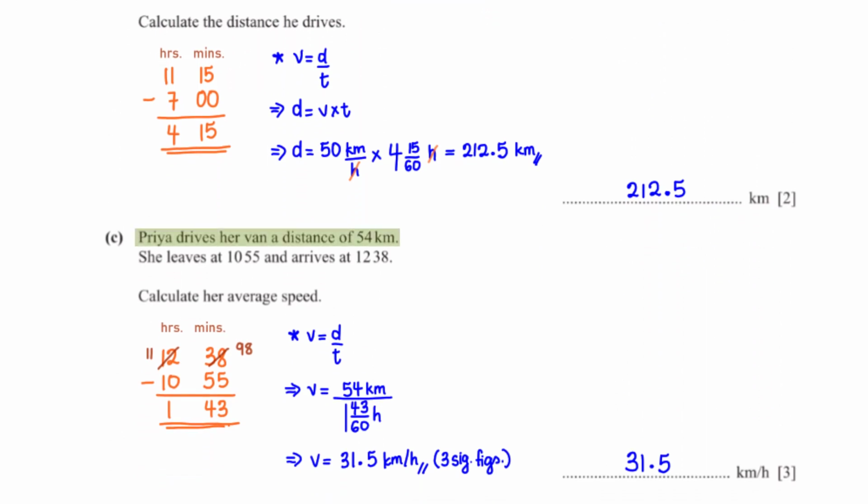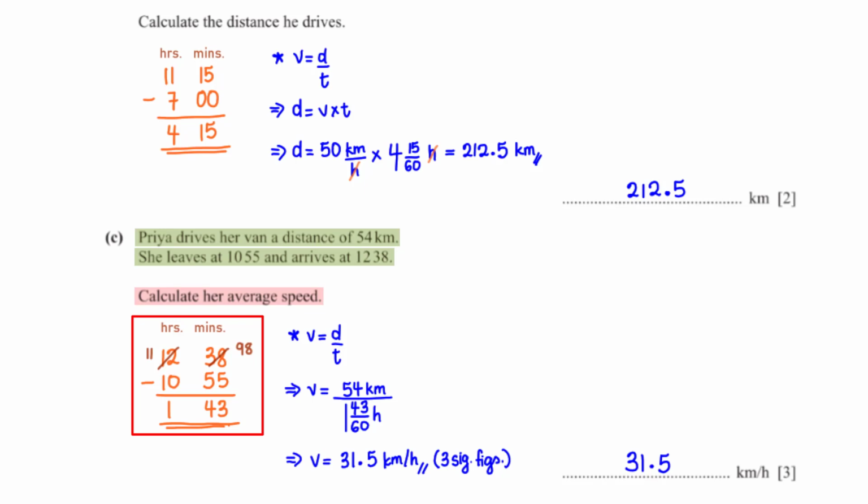Priya drives her van a distance of 54 kilometers. She leaves at 10:55 and arrives at 12:38. Calculate her average speed. First, we need to find the time duration of her journey. To get this, we subtract her departure time, which is 10:55, from her arrival time, which is 12:38.